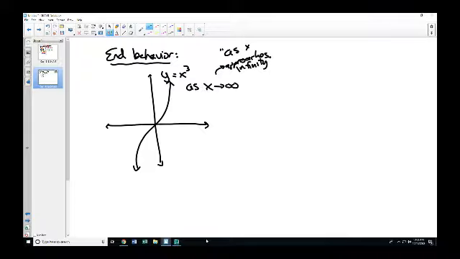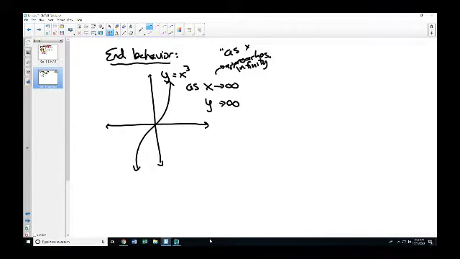So x is getting really big, right? What's happening to the y value? Y is approaching, you already said it, infinity. Okay.